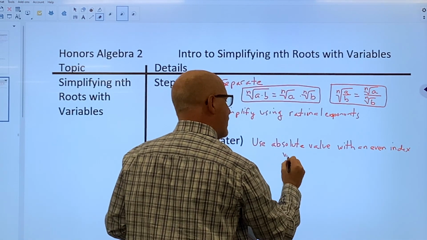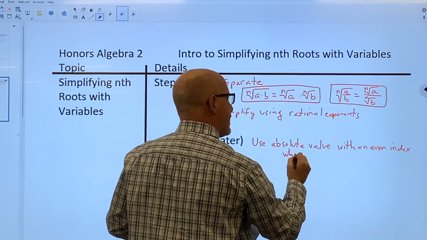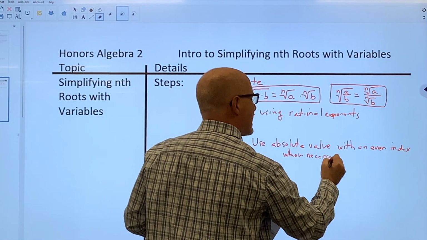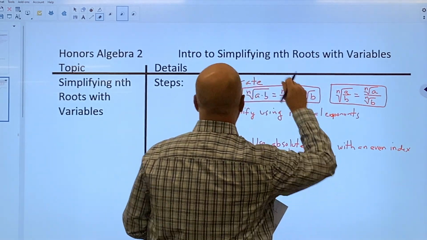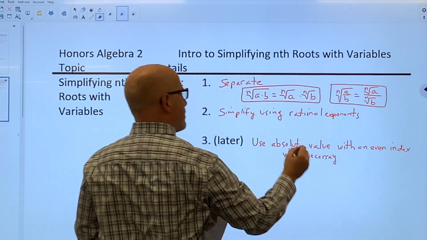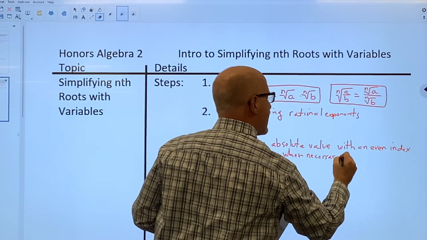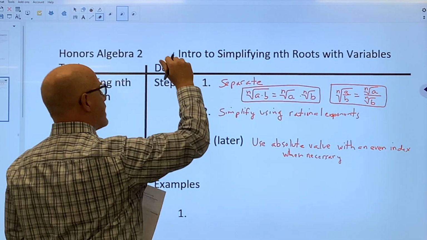And I'm going to put down here when necessary. And I'm going to tell you what the guidelines or the rules are for that. There'll be some specific steps or guidelines for when we want to use that.